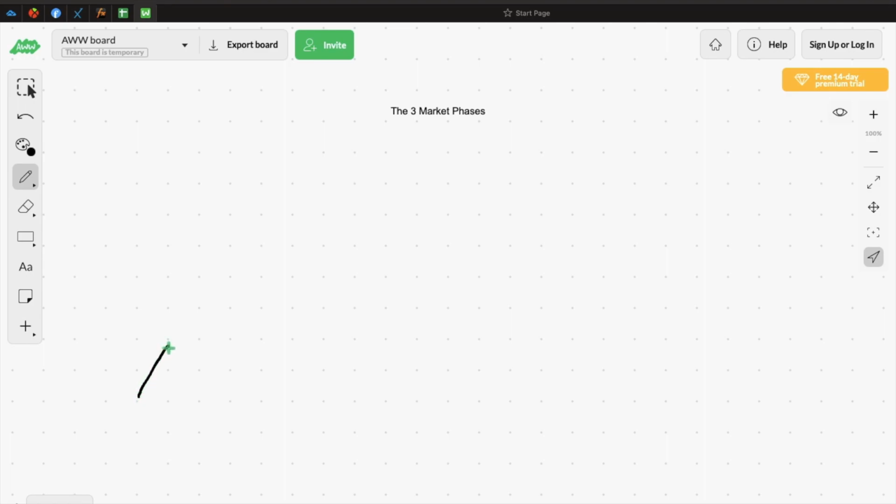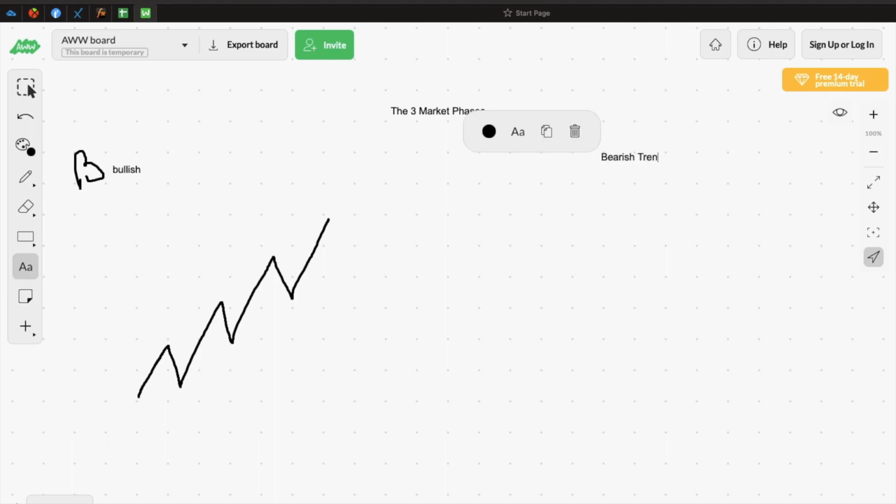So the 3 market phases are, like we were talking about, the bullish trending market, the bearish trending market, which you guys know about, right?